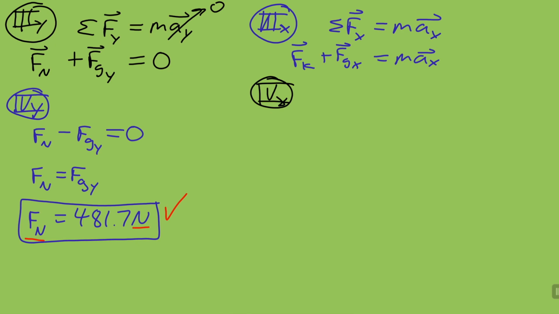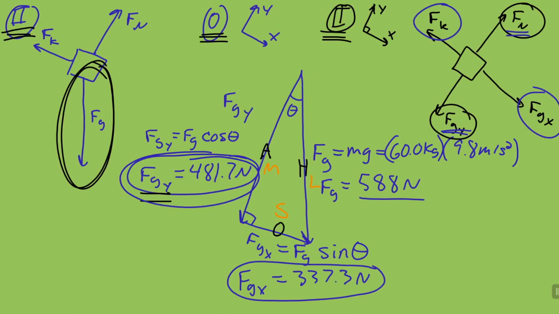First part of doing the math is take the hats off, put in the signs. Let's look at our free body diagram again. F sub k is going in our new negative x direction. It's going left up the hill, so that's going to get a minus. F sub gx is going in our new positive x direction. It's going to the right down the hill, or to the right along the hill.